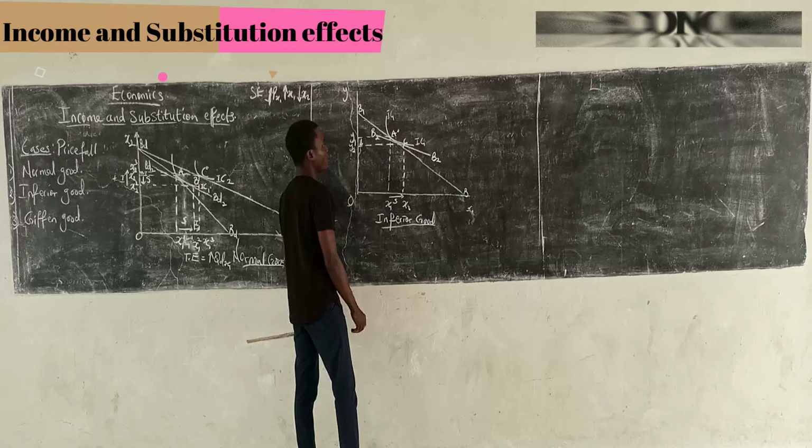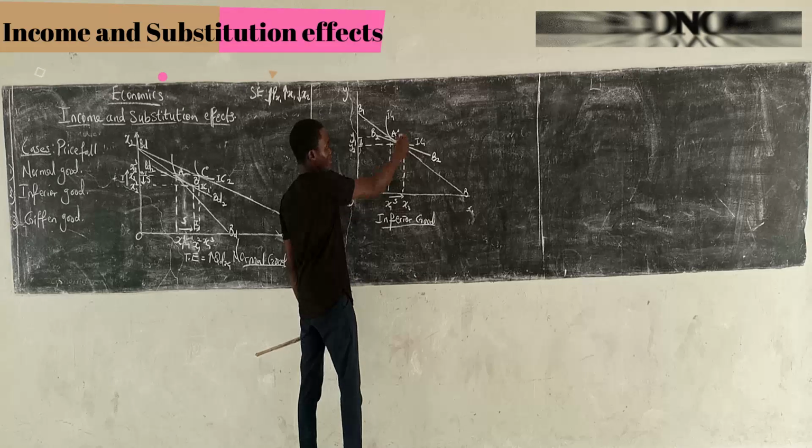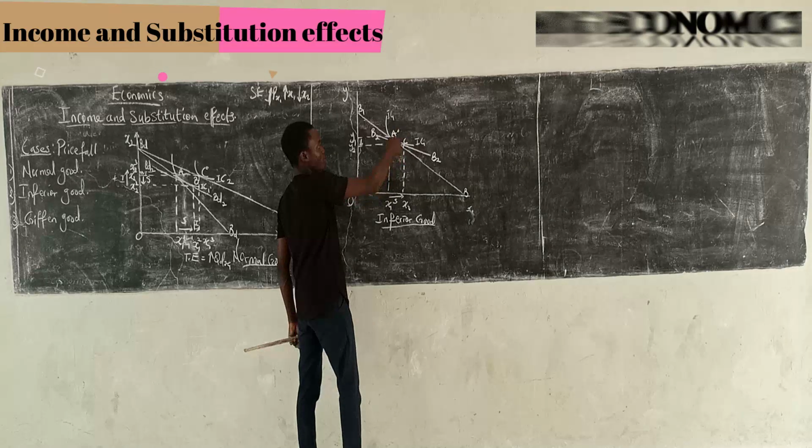So you buy less of this good, you are coming from point C, coming inside, and then what does it intersect with more of Y? Something like around here.